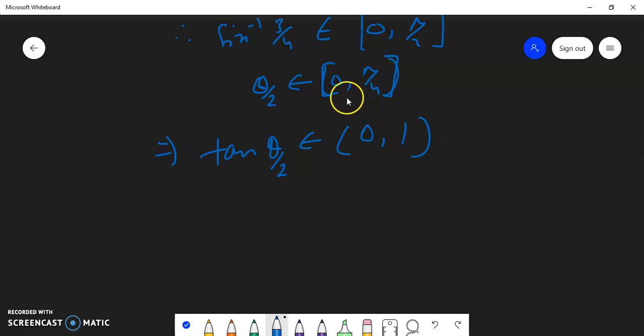Any angle between 0 and pi by 4, you find tan of that, it will always be between 0 and 1. So it will be less than 1.